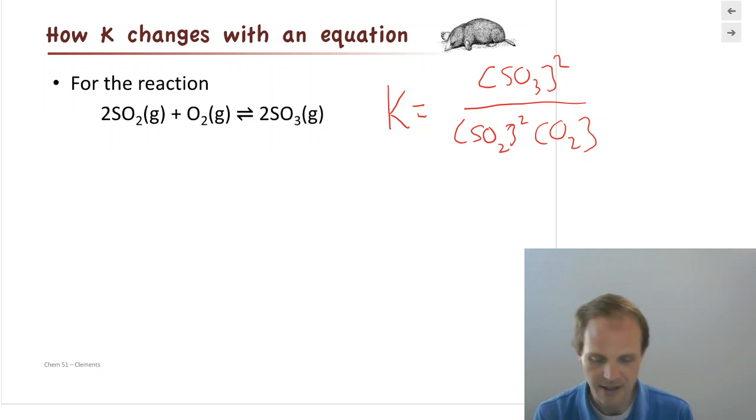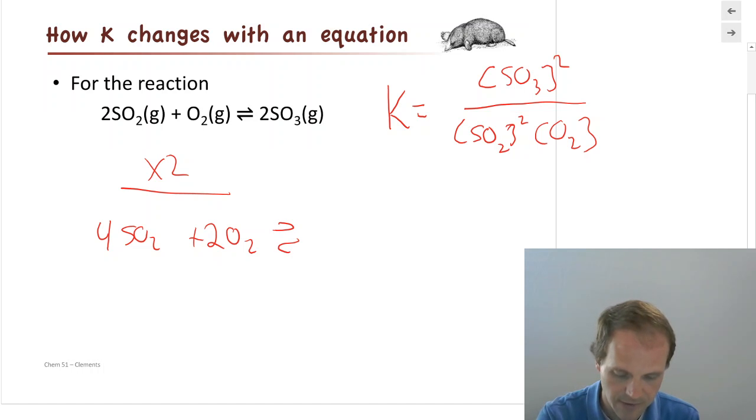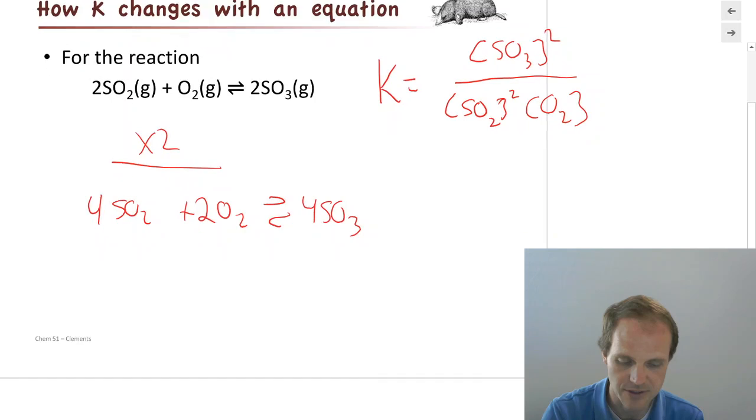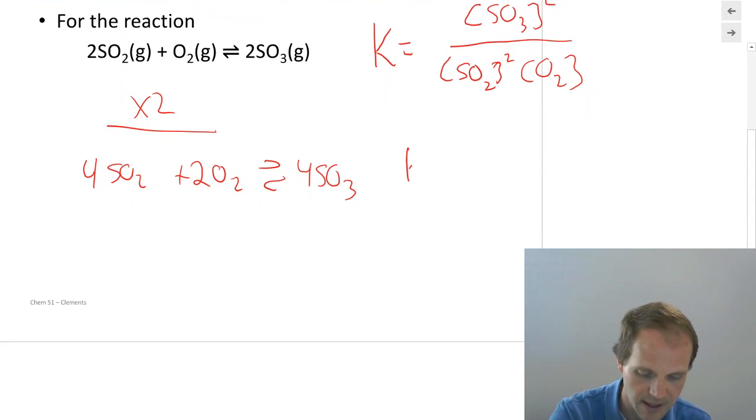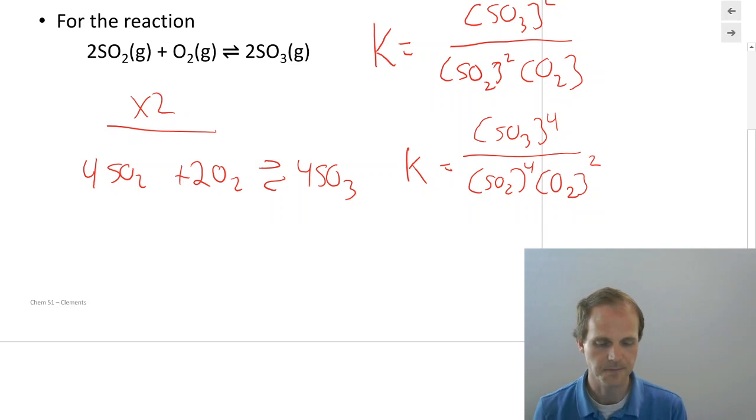What would happen if I doubled that reaction? I'm going to take it and double everything, and I get 4SO2 plus 2O2 goes to 4SO3. Well, I need to write a K expression for that one. K is equal to SO3 to the fourth over SO2 to the fourth times O2 squared.